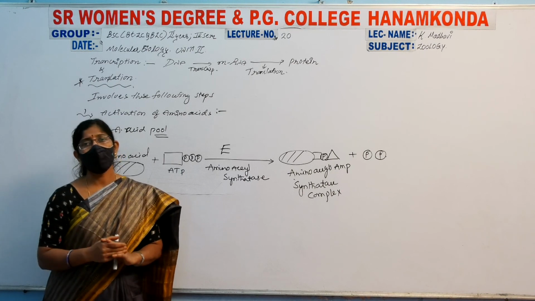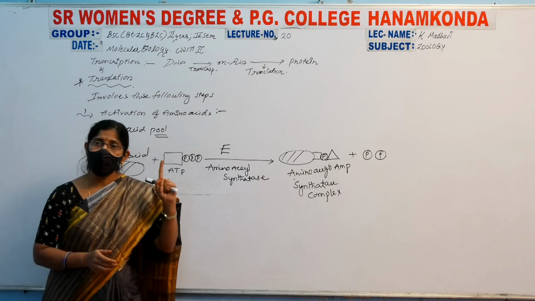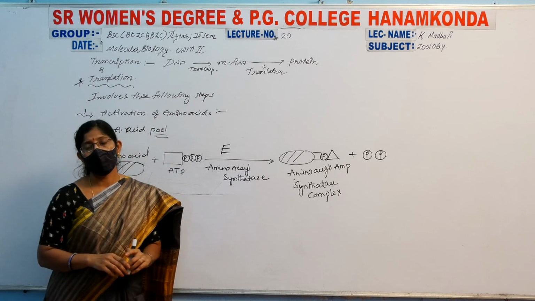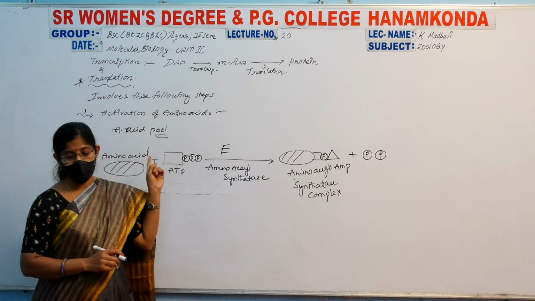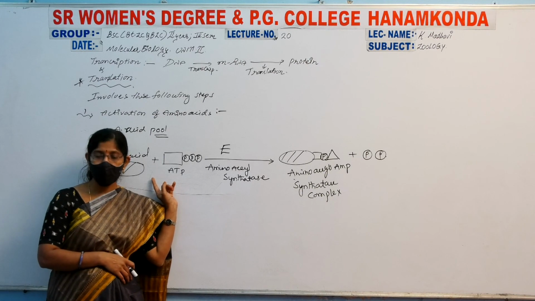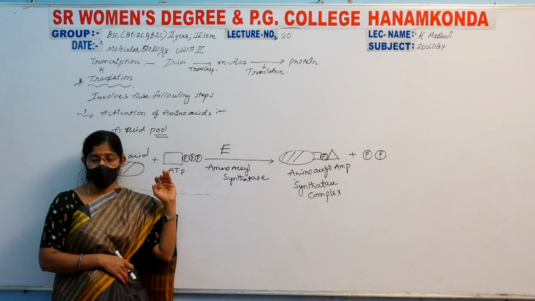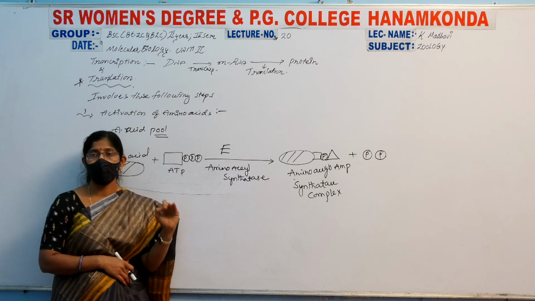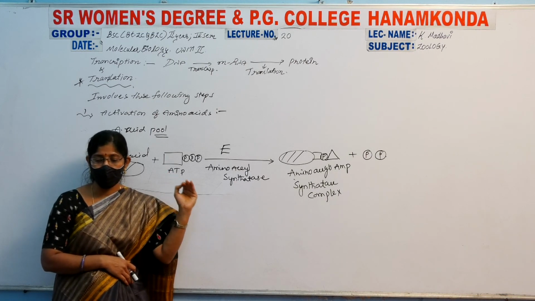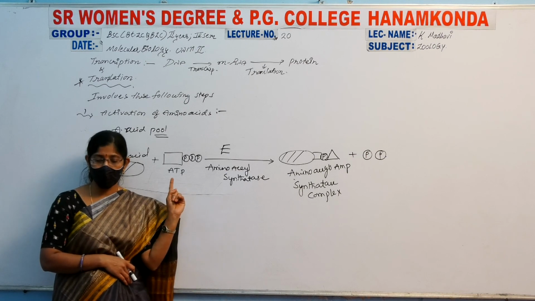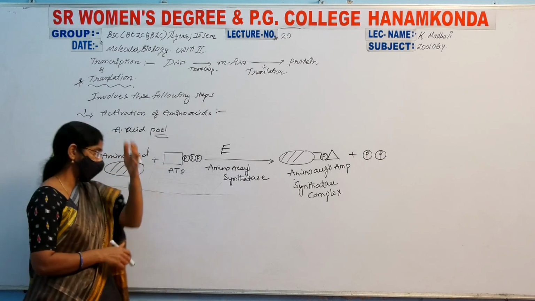So each tRNA is specific for an amino acid. Transfer of amino acids to a tRNA is called the charging of tRNA.